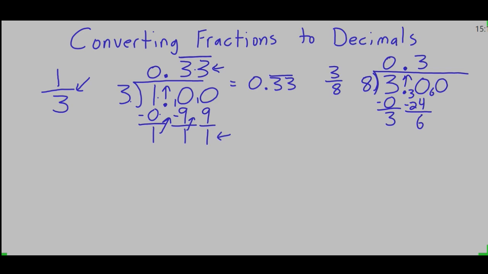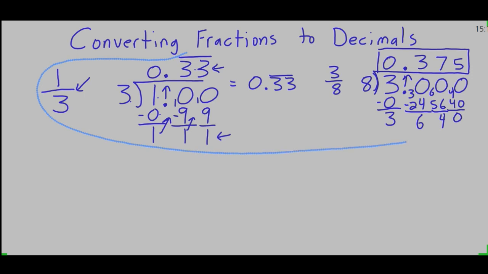And 8 goes into 60 7 times, and 8 times 7 gives me 56. 60 minus 56 is 4. Add a 0. 8 goes into 40 5 times, which is 40, and I'm left with 0. So my final answer is 375 thousandths.